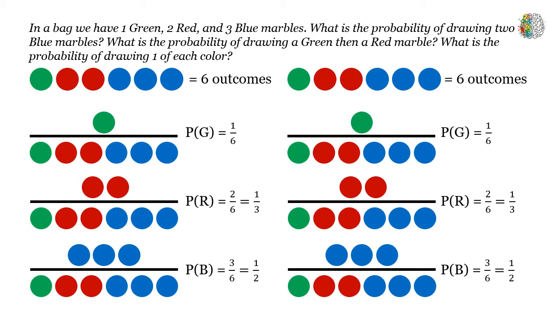Probability of drawing a red is 2 out of 6, which simplifies to 1/3. Probability of drawing a blue is 3/6, which also simplifies to 1/2. For both of my trials, when I draw my first marble and when I draw my second marble, those probabilities and the total possible outcomes are going to be exactly the same.